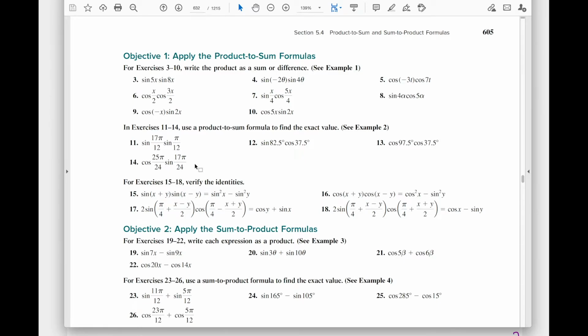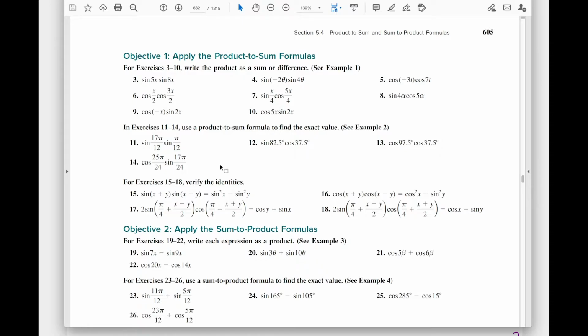Okay, and certainly here the question is not to use a calculator. That's why they told us to transition from a product to a sum. If we transition from a product to a sum, we're gonna see on the sum side angles which are remarkable. Then we don't need the calculator, so we get to find the exact value. The calculator doesn't give the exact value except if we have some nice numbers.